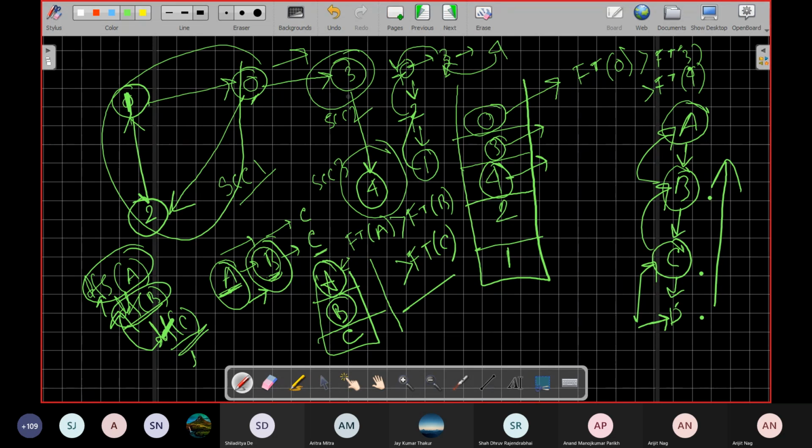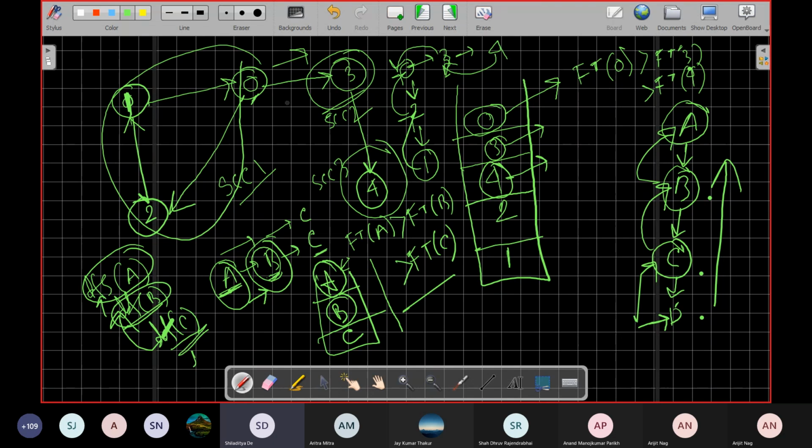Same thing from SCC2 to SCC3, there is a path, this is a member of SCC2 connecting to SCC3, and so the finishing time of 3 is higher than the finishing time of 4. So are you getting this?